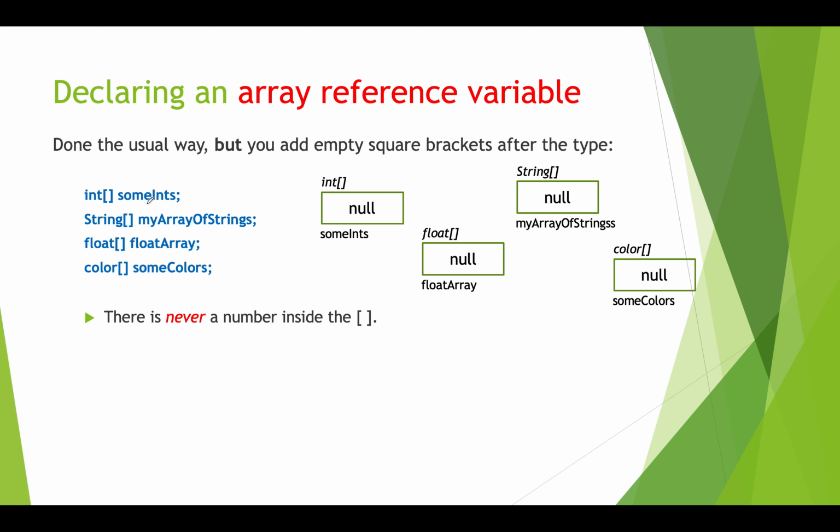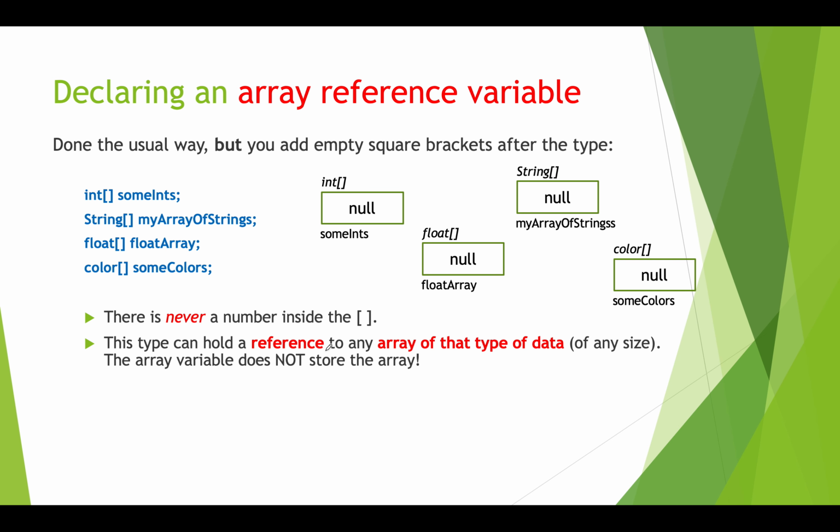So this some ints reference variable can point to any array of ints, no matter how big. Okay, and then the type can hold a reference to any array of that type of data. But the array variables, some ints, float array, my array of strings, and some colors, these do not actually hold the array, okay?